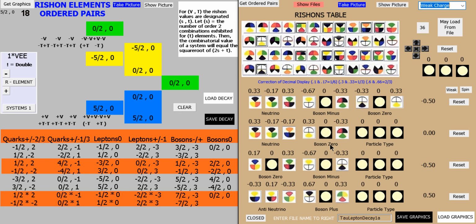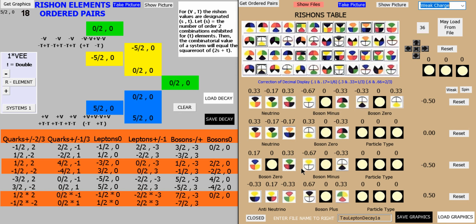Now, if we look at the vector W boson, on the vector boson 0, we have 1/6 plus 2/6, which is 3/6, which is 1/2 weak charge.